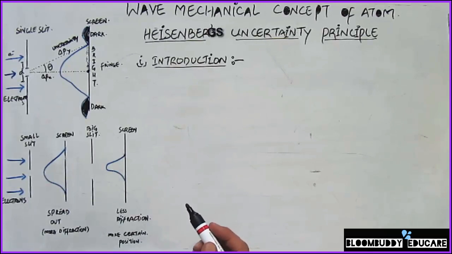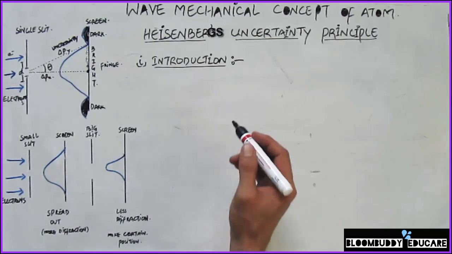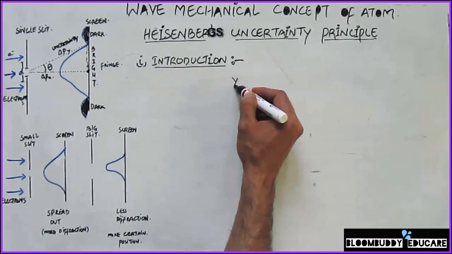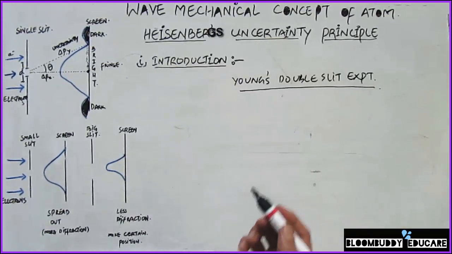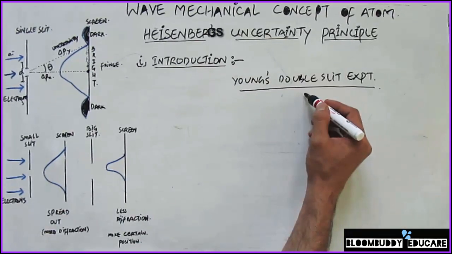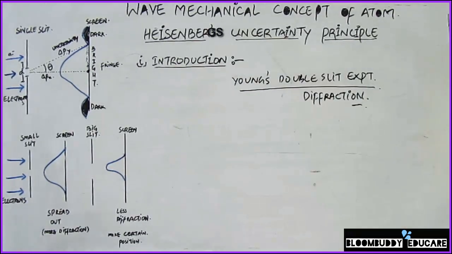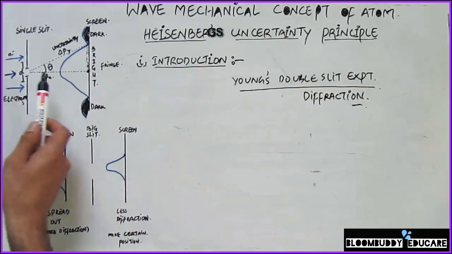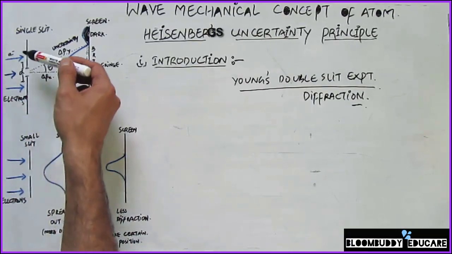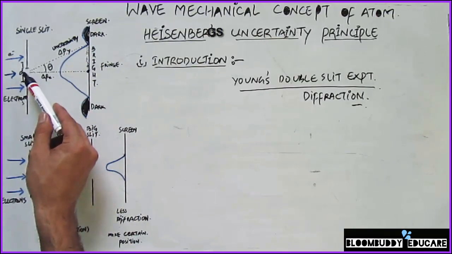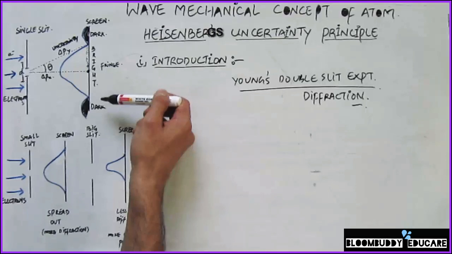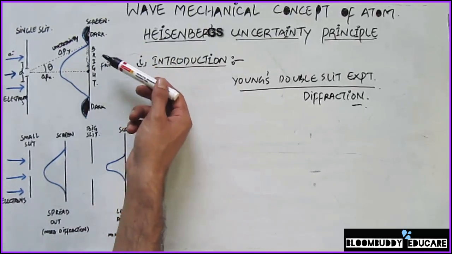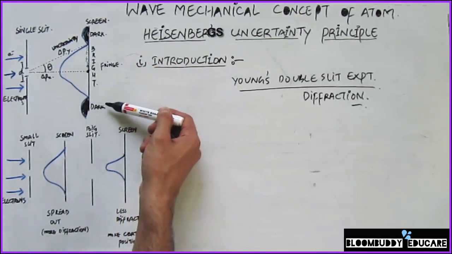Before the introduction, we should know that there was an experiment called Young's double slit experiment that explained the concept of diffraction. In Young's double slit experiment, we shoot electrons or light from a single slit of width d to a screen, and on the screen we see dark and bright regions.